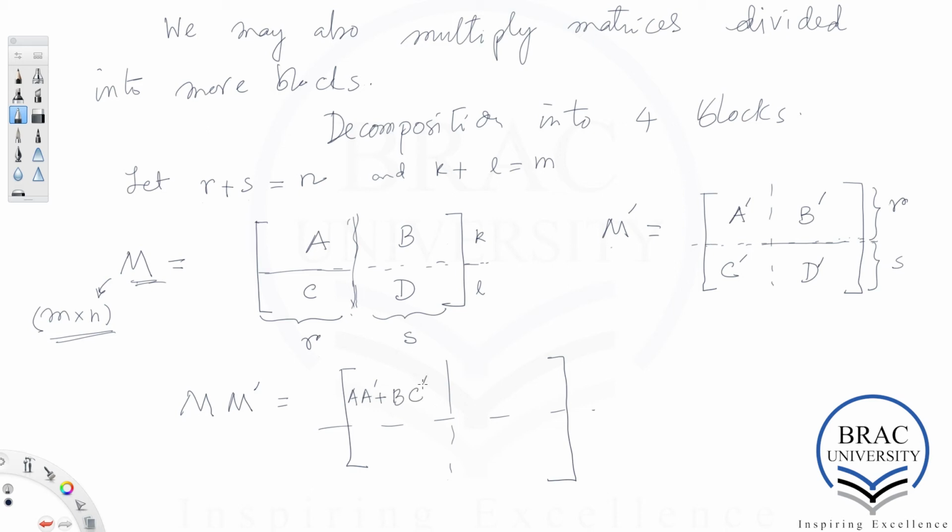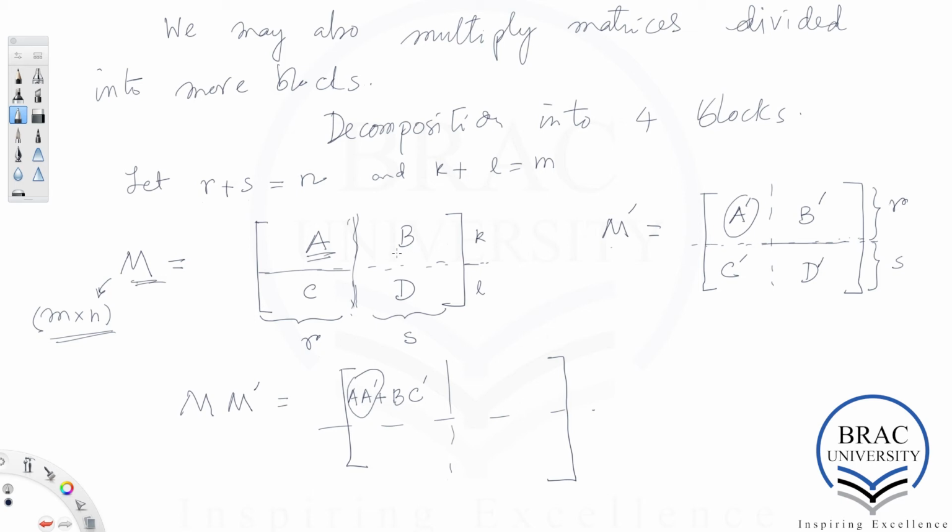Okay, just the 2 times 2 matrix multiplication. And it makes sense since the number of columns of A is the same as the number of rows of A prime. So that A times A prime is going to be a well-defined matrix.